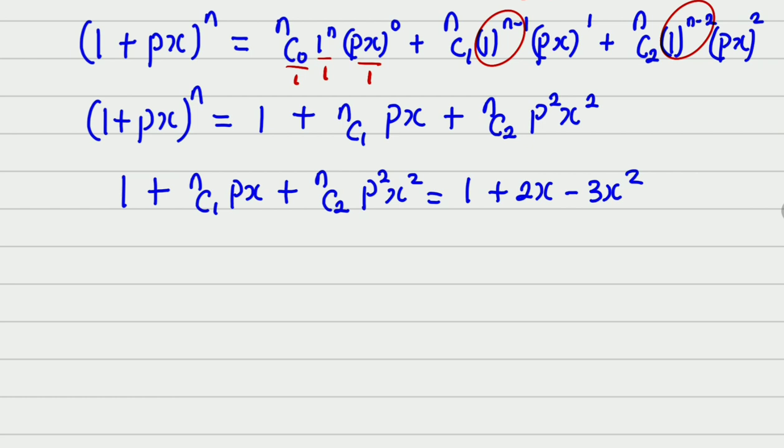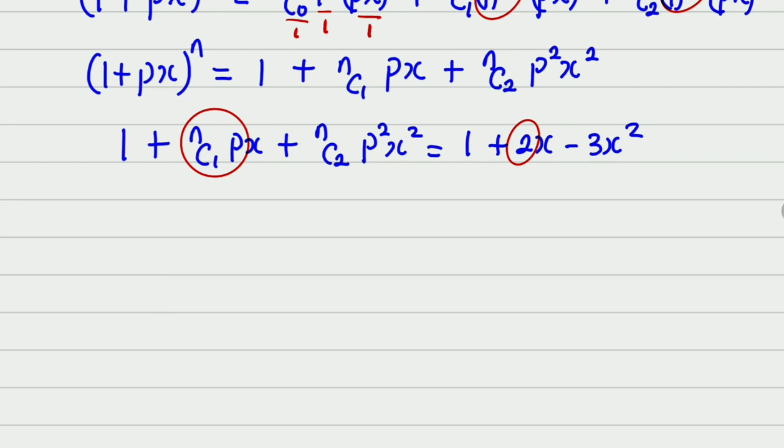Now, just looking at them and comparing terms, you find out that the coefficient of x here is going to be equal to the coefficient of x here. Remember I told you, by comparing terms and coefficients, we can come down to say n combination 1 times p is equal to 2.